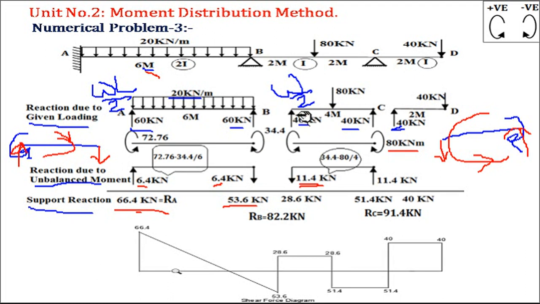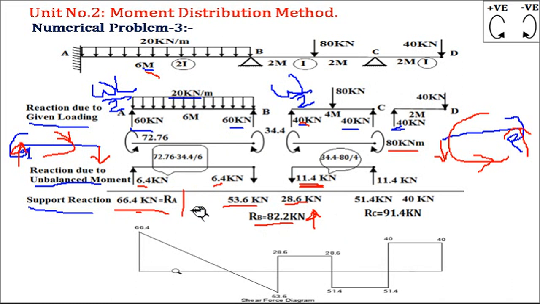Now at support B, for member BC, due to the point load it is 40, and due to the unbalanced moment it is downward, minus 11.4. So 40 minus 11.4, we get the value as 28.6. Now both reactions are acting upward. So 53.6 plus 28.6 will be the reaction at support B, that is 82.2, and it is acting upward.